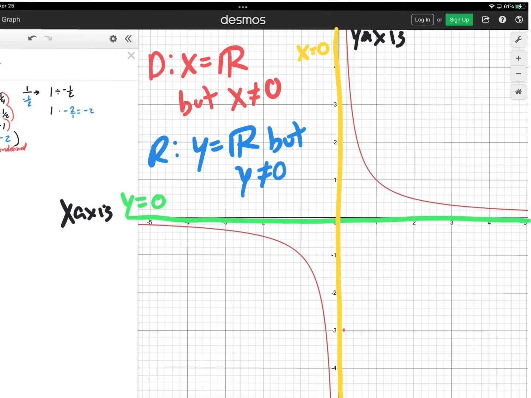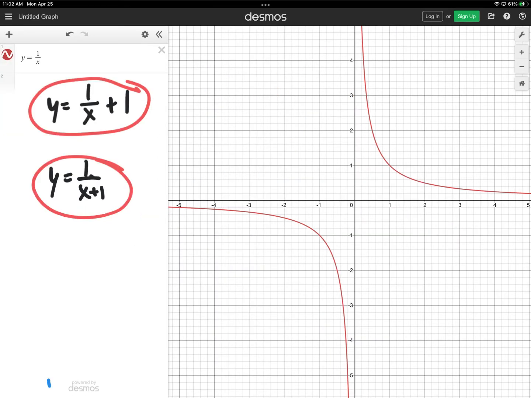So our goal is to get as comfortable as possible with these types of graphs. I would like you to compare the original parent graph, y equals 1 over x, which I hope you already typed in on Desmos, right? Y equals 1 over x, and compare that with these other two. Now, not these specific ones, but like this guy right here, I put a +1.